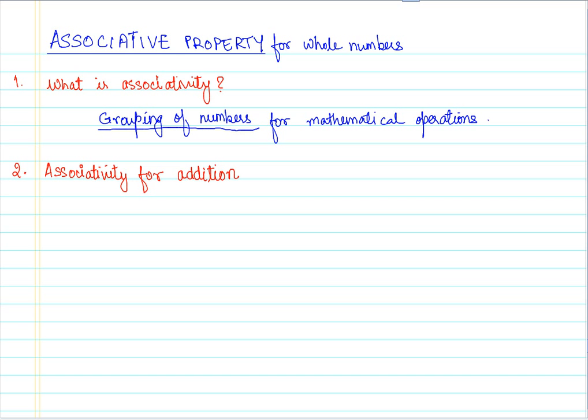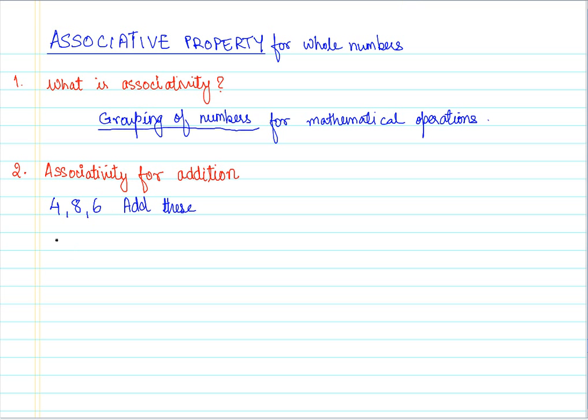So we will try to understand using an example. Let me take three numbers and I would like to add them. For example, let us take 4, 8 and 6, and we are supposed to add these. How do we do this addition?